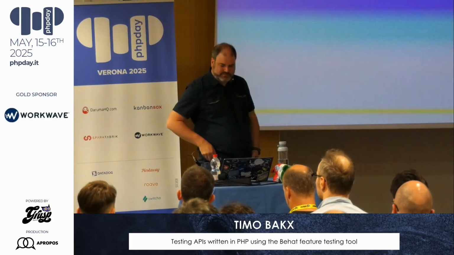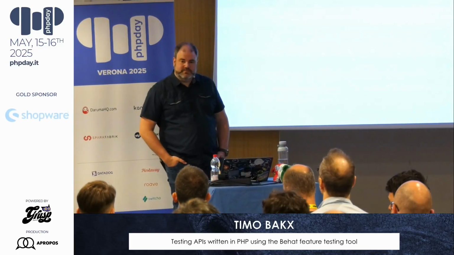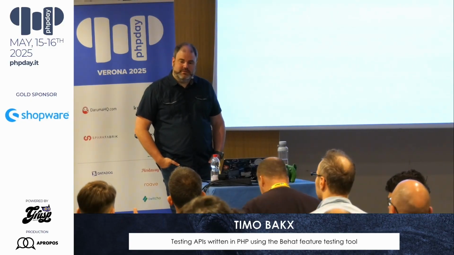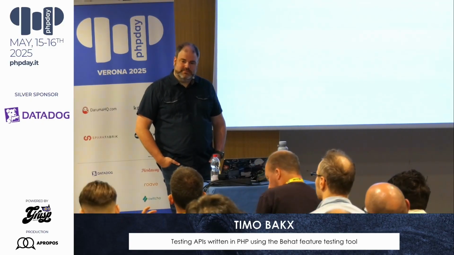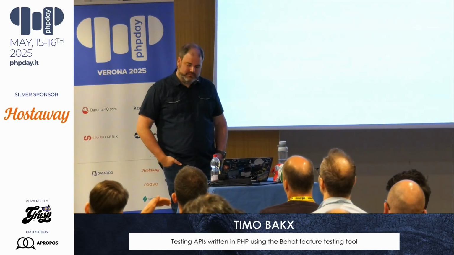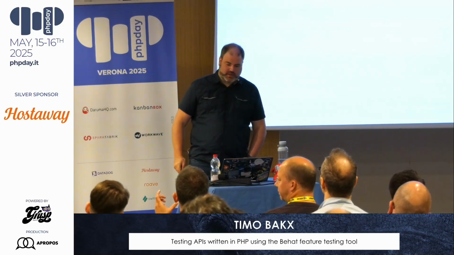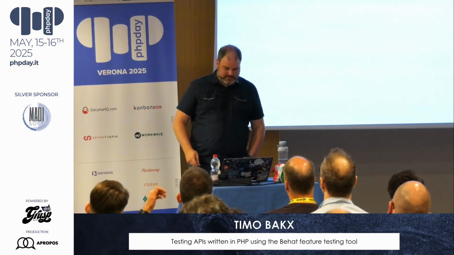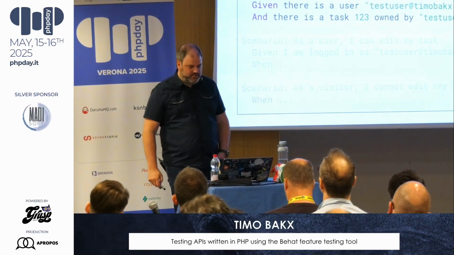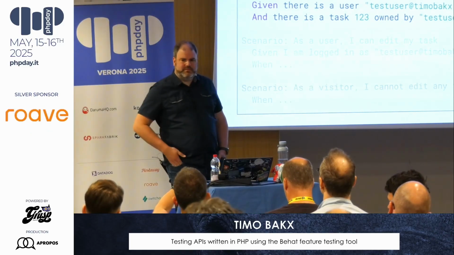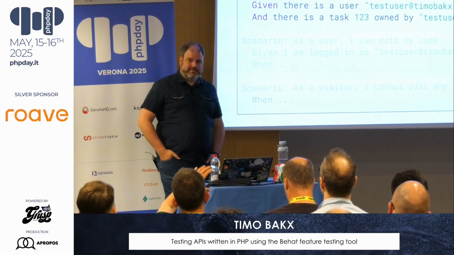So the text that you use in the given, when, and then statements, obviously it's got to be pretty specific. How do you know what the format of each thing has to look like without going to look in the code, if you've got someone who's trying to write the test case? You don't really. You just have to know that it has to say there is a user with an email address.